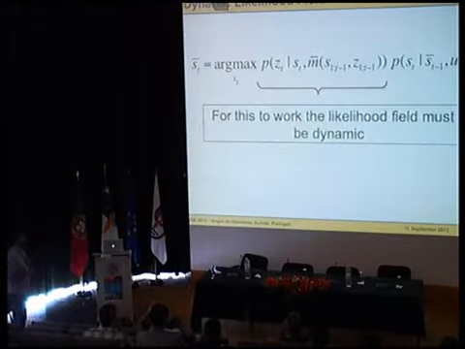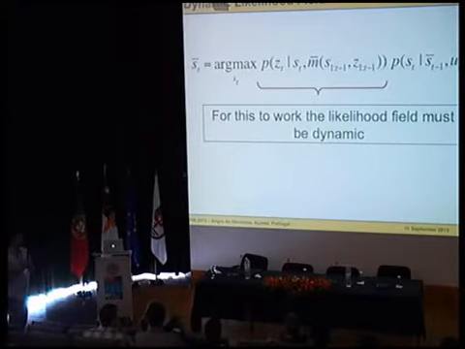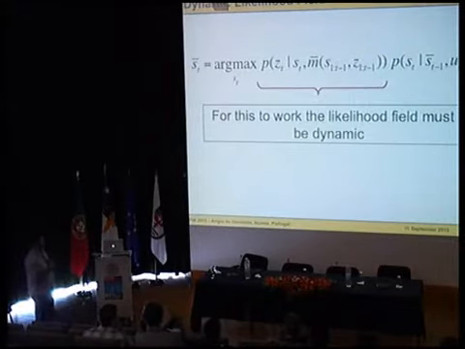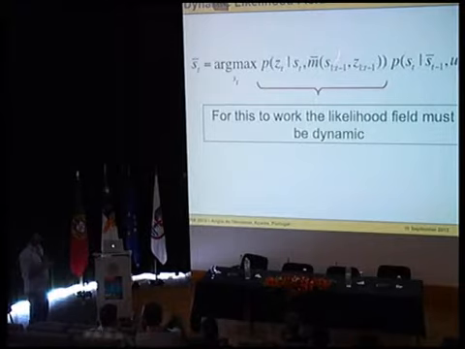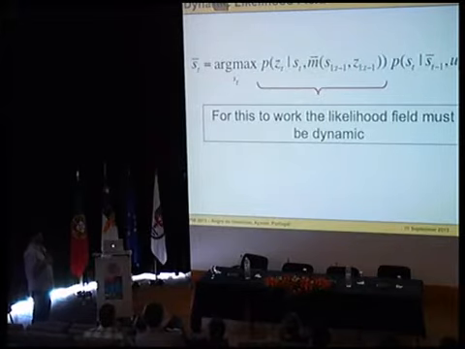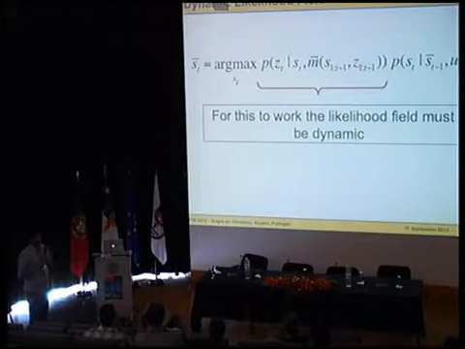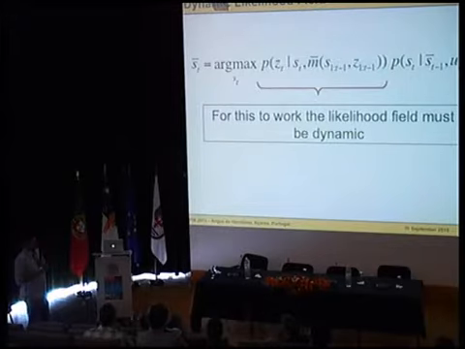However, this requires a little more work, because, as you remember, I talked about the distance transform. The distance transform is calculated from a static map. So if the map changes, the distance transform also has to change. Therefore you have to calculate this new distance transform for our algorithm to work, and it must be done dynamically.